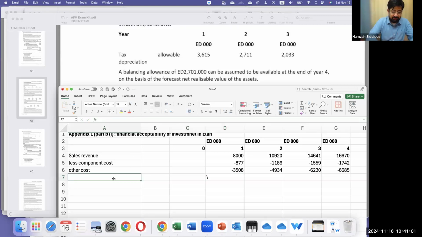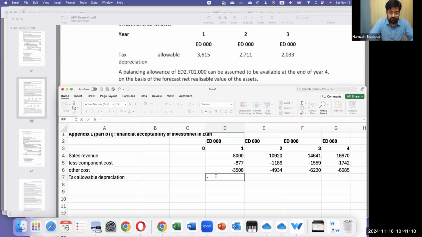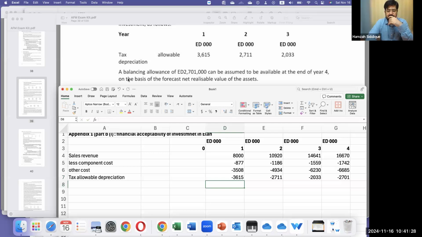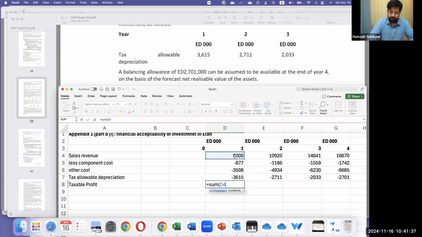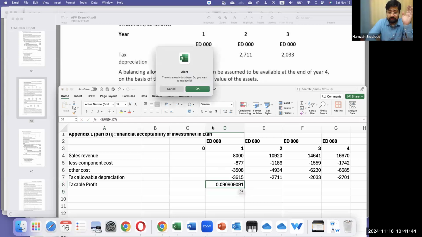So tax allowable depreciation: minus 3615, minus 2711, minus 2033, and at the end minus 2701. So taxable profit, nothing, zero.